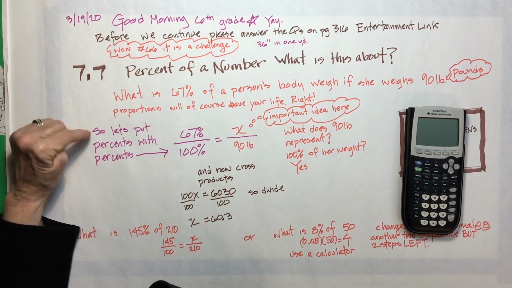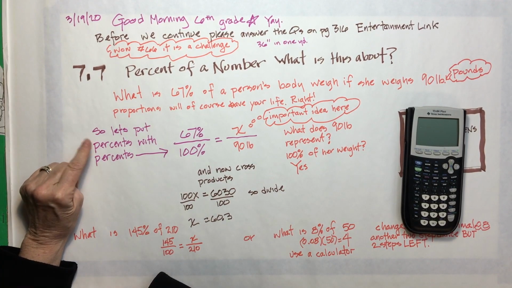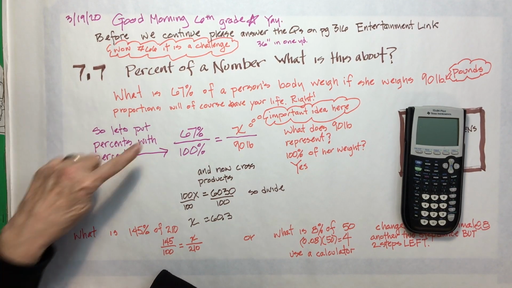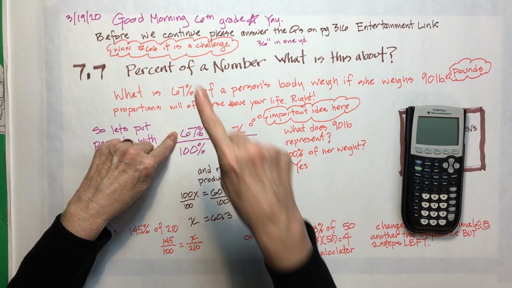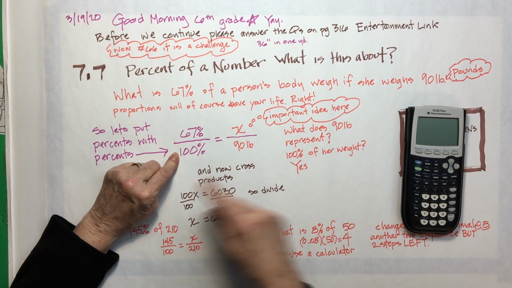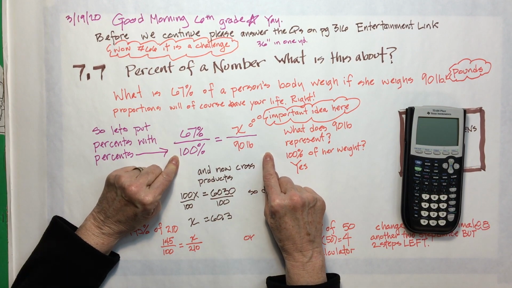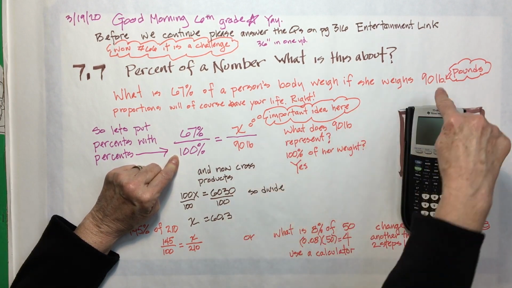Let's start always by putting percents with percents. There are other ways to do it, Max, but let's just start this way. 67% is what we got from the problem, and we know that we're looking at 100%. The important thing about setting up these proportions correctly is that you have to put the number that you're looking at, 90 pounds.